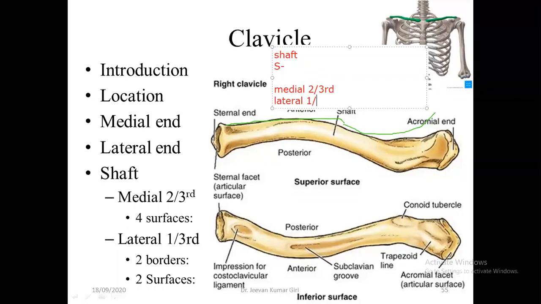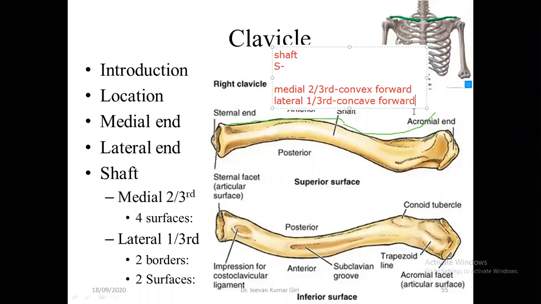The medial 2/3 is convex forward, whereas the lateral 1/3 of the shaft is concave. Are you getting this point? Now we'll see the features in the lateral 1/3 and the features in the medial 2/3.